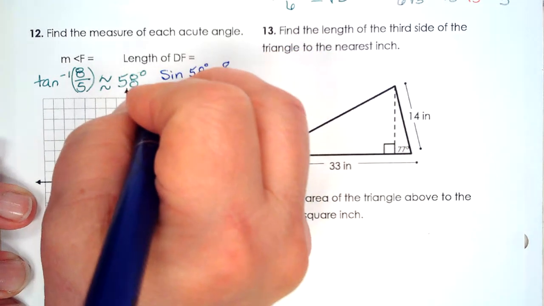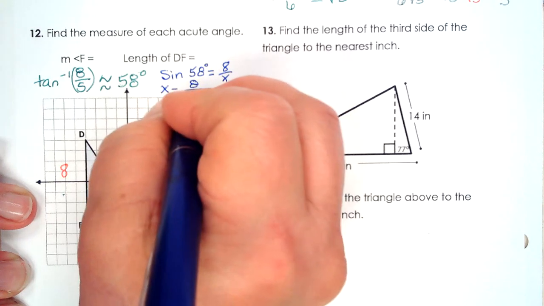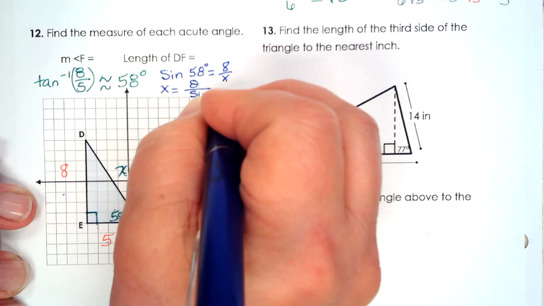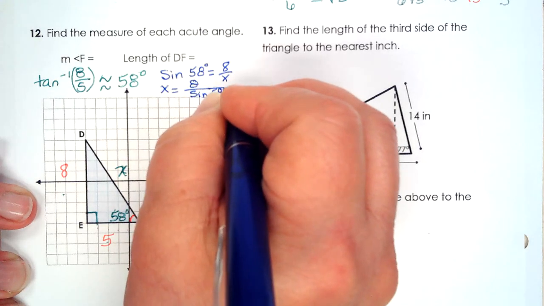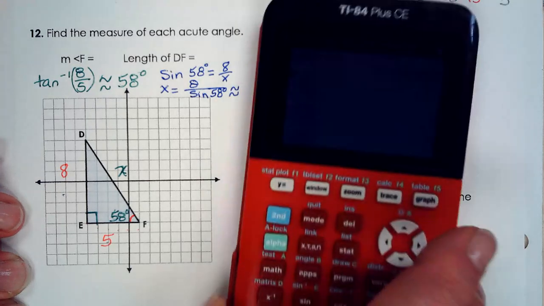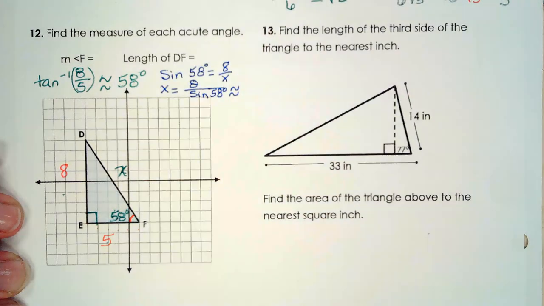Swap them around. X is equal to 8 divided by the sine of 58 degrees. And that is approximately 9.4.